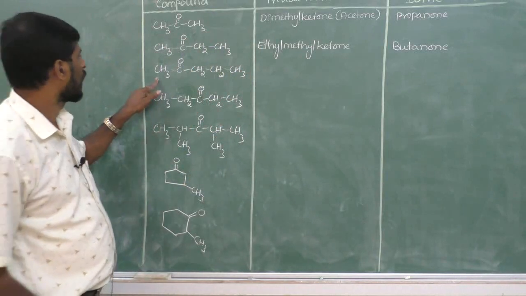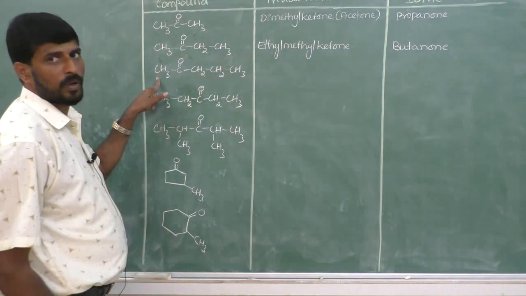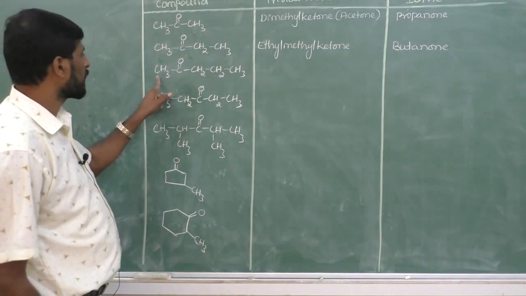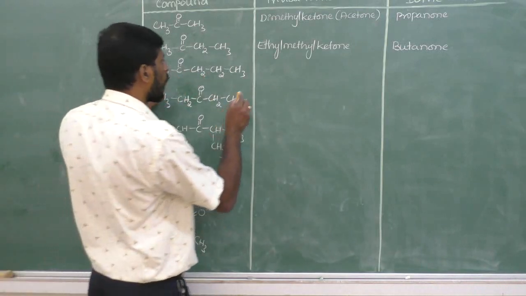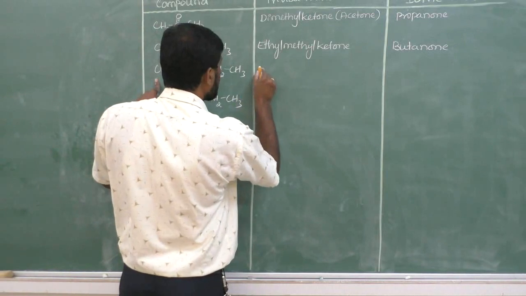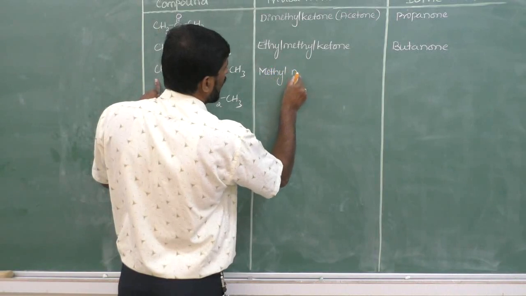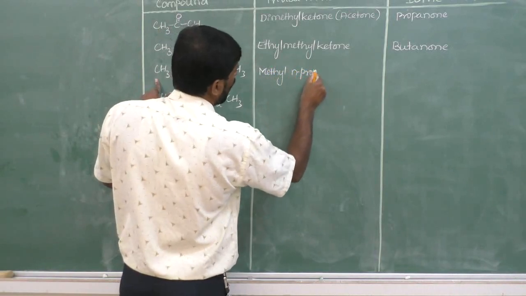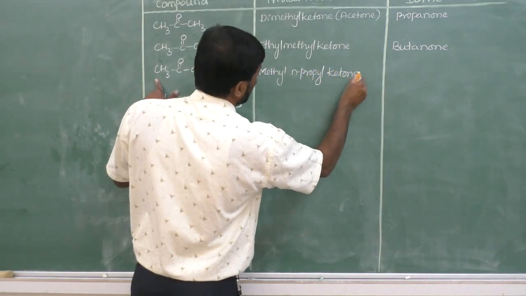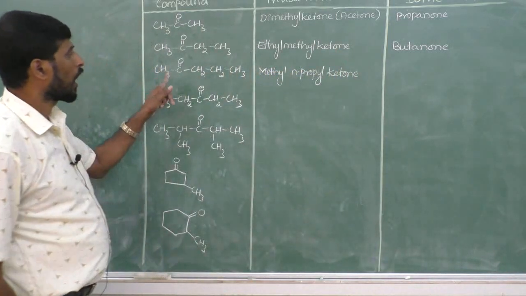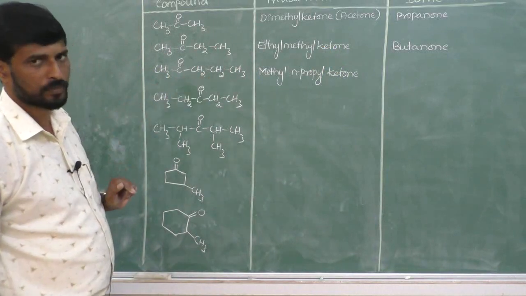Next, come to this: 1, 2, 3, 4, 5. It has 5 carbon atoms. This side is a methyl group, this side is a propyl group, that is n-propyl. So, therefore, it is methyl n-propyl ketone.